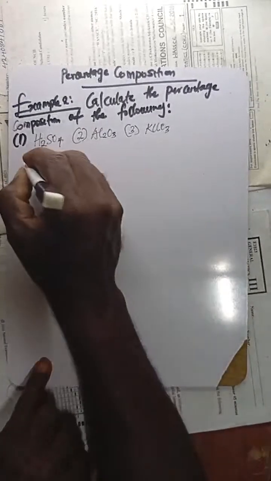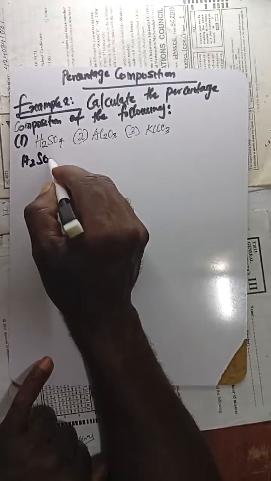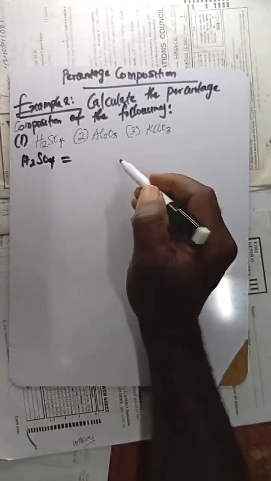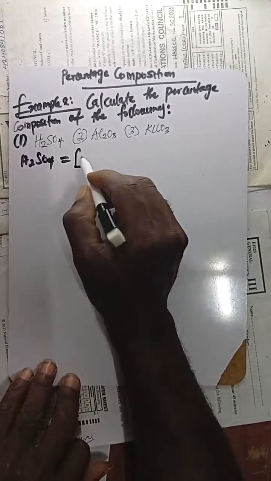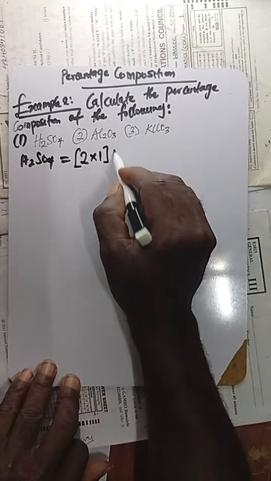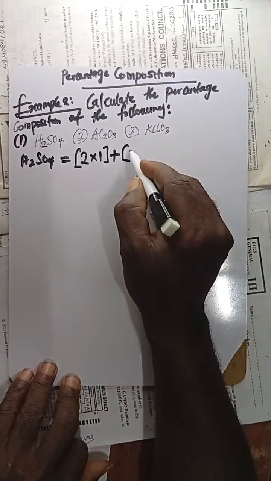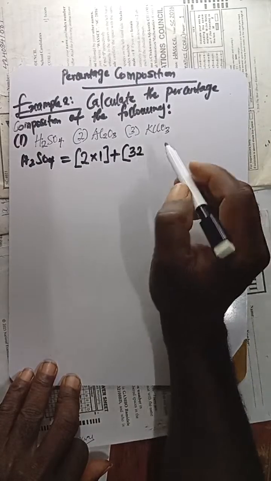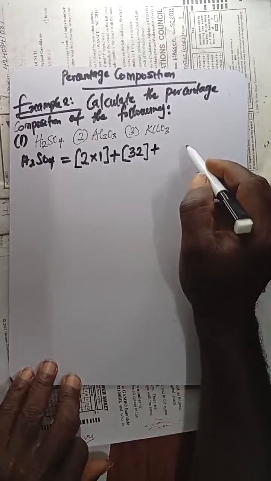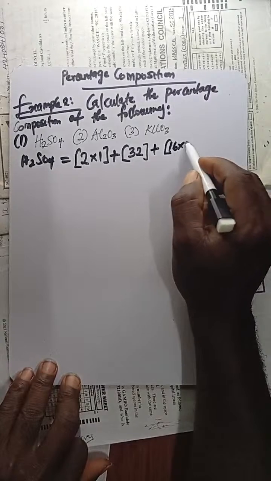We have for the H2SO4, it will be 2 times 1 plus 32 plus 16 times 4.